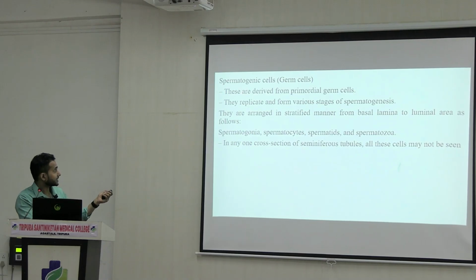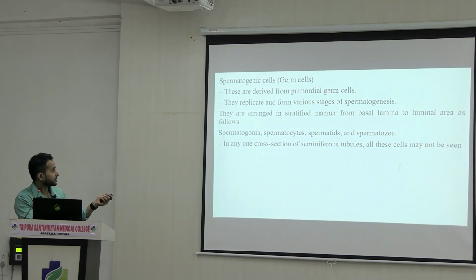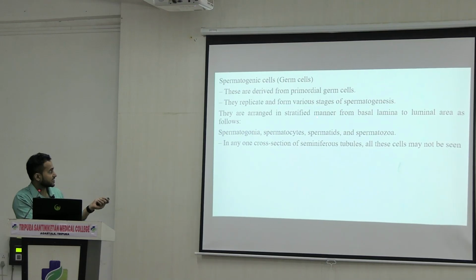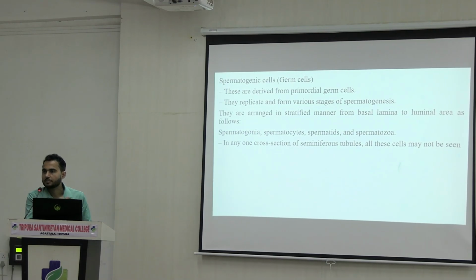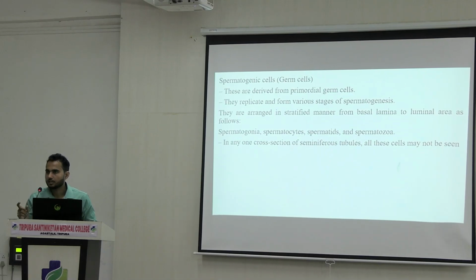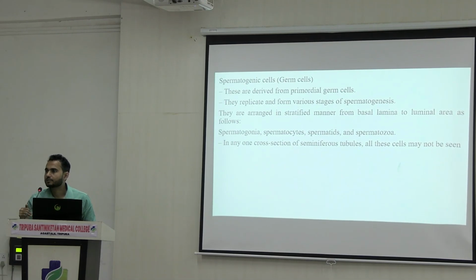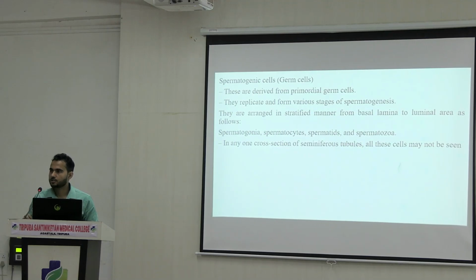So spermatogenic cells are derived from primordial germ cells. They replicate to form various stages of spermatogenesis, as you know. Now the arrangement of the cells is in a stratified manner. What is the meaning of this stratified manner? When you see the seminiferous tubule under low magnification, it will appear as stratified layers.